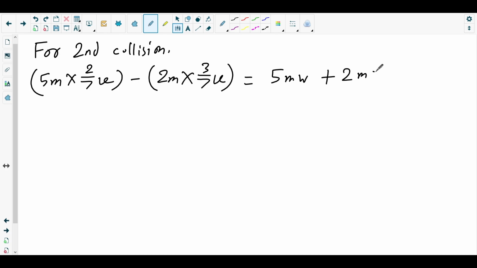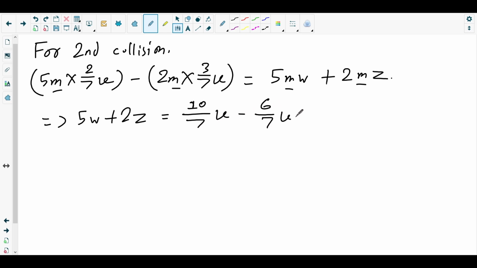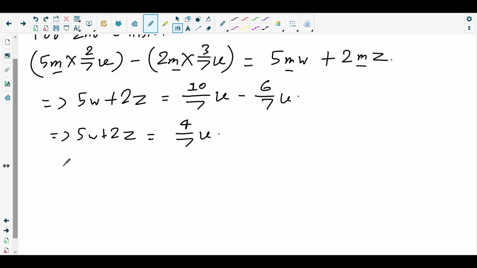So 2m times z. We don't know their direction. So m cancels from both sides. 5w plus 2z equals 5 times 2, that is 10/7u, minus 6/7u. So 5w plus twice z equals 10 minus 6, which is 4, so 4/7u. Multiplying both sides by 7, you will get 35w plus 14z equals 4u. This is one equation.